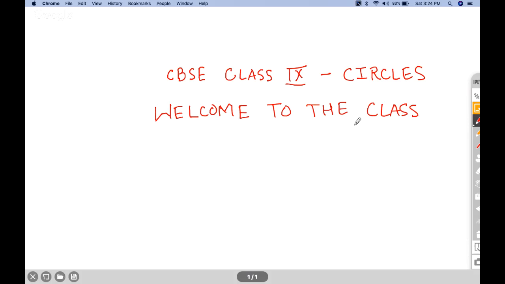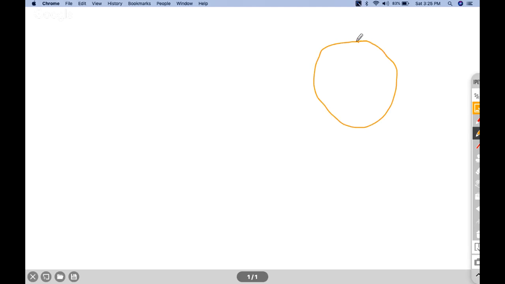I'm starting with one question. Please solve this question. The question is, there is a circle like this and there is an external point E.